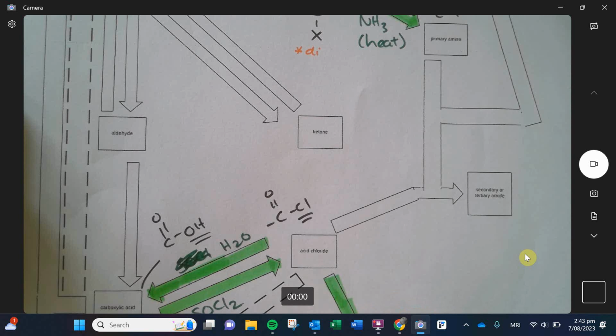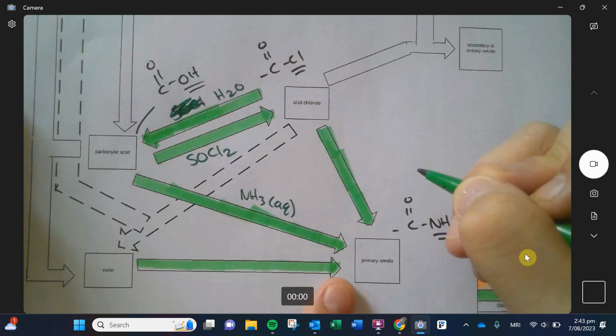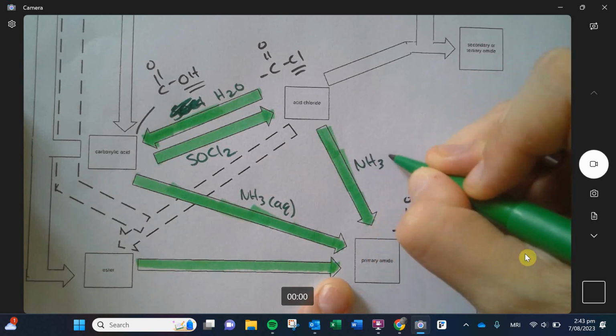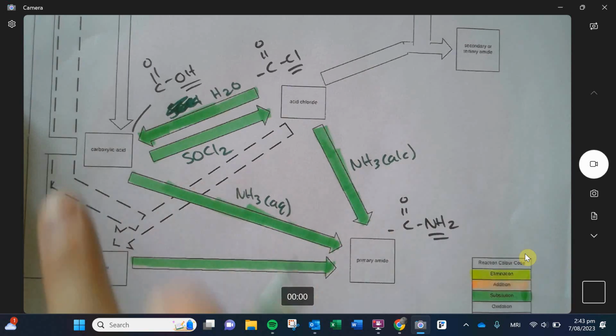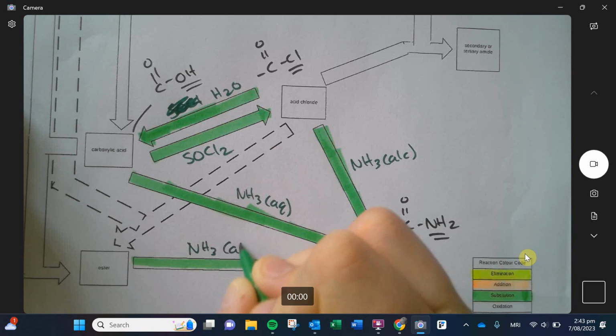Again, in this case, it needs to be in water. If I wanted to go from an acid chloride to an amide, I would need it in alcohol, which makes sense because if I had this in water, it would react to form a carboxylic acid. And also, it would neutralize it. And then if I want to go from an ester to an amide, I would need the ammonia again in alcohol.